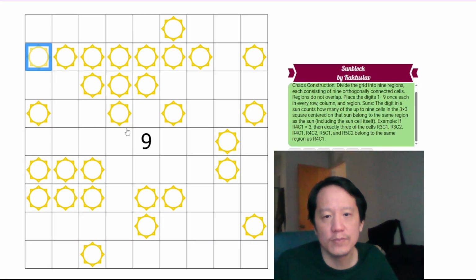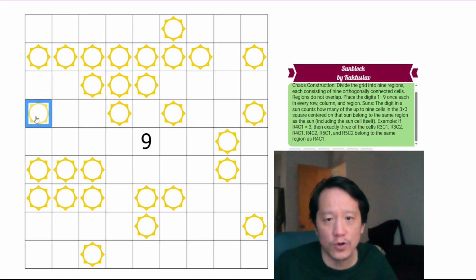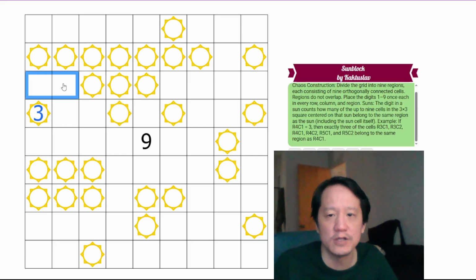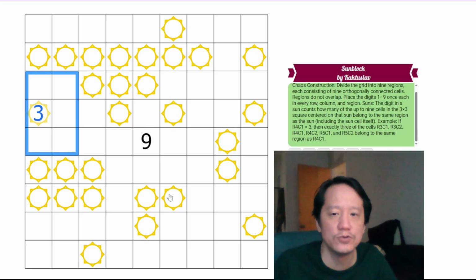Example: if row 4, column 1 equals 3, then exactly 3 of the cells, row 3, column 1, row 3, column 2, row 4, column 1, row 4, column 2, row 5, column 1, row 5, column 2, belong to the same region as row 4, column 1.